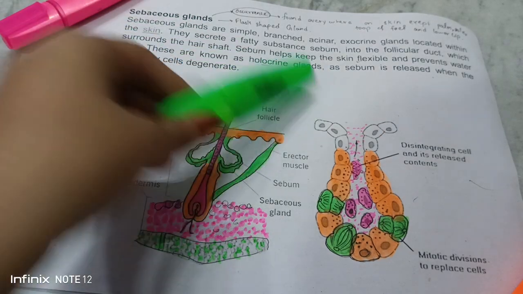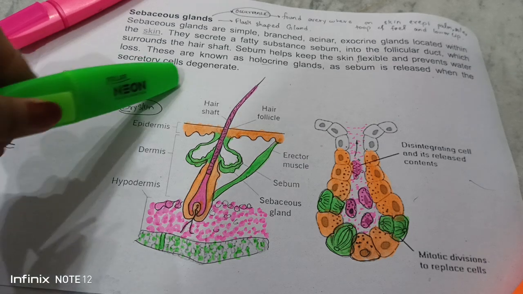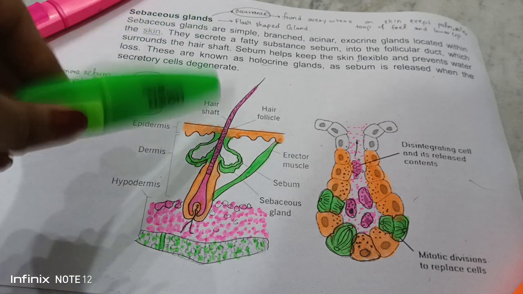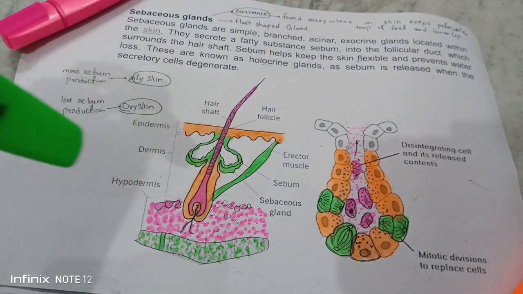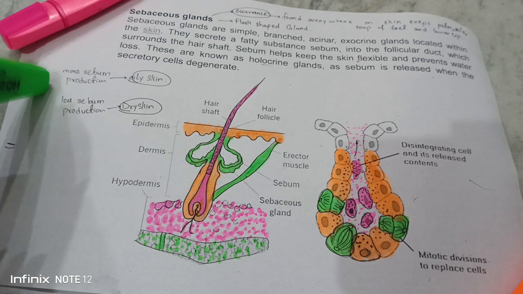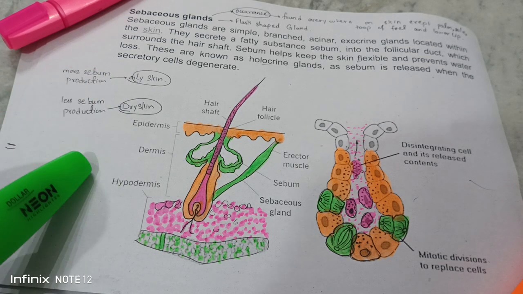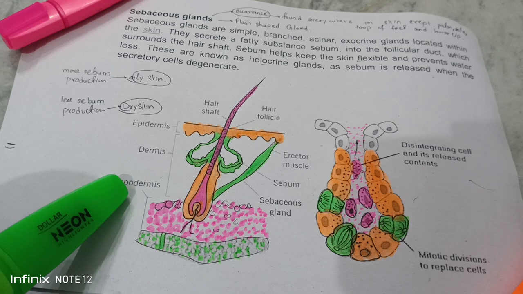As the sebum is released, the secretory cells degenerate, so the degenerated secretory cells are also present in your secretions and they come out of your skin. If you have more sebum production, then you have oily skin, because sebum has an oily nature, so it creates an oily film or oily surface on your skin.